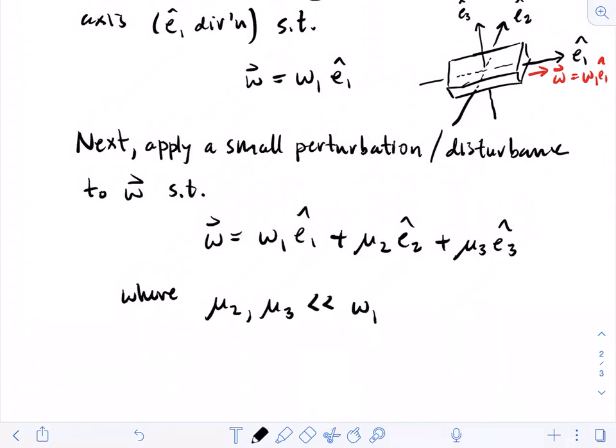Okay, so that's our definition of a small perturbation: the components along the second and third principal axes are small compared to the component along the first.